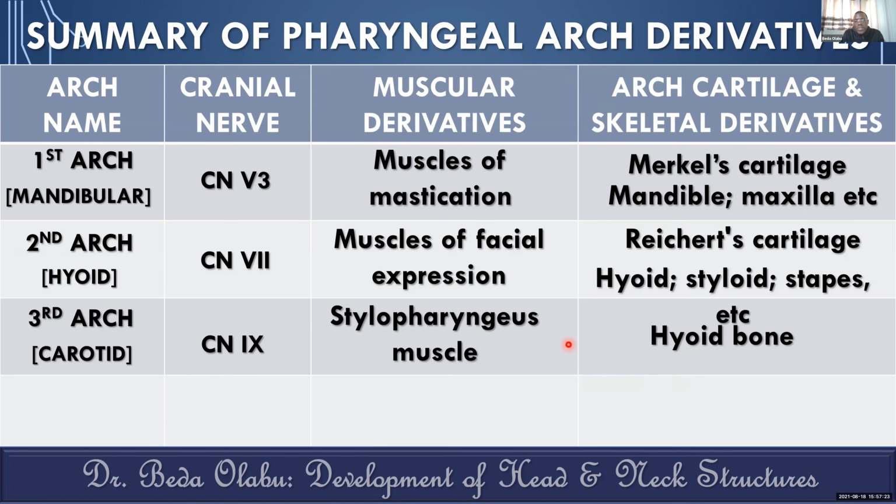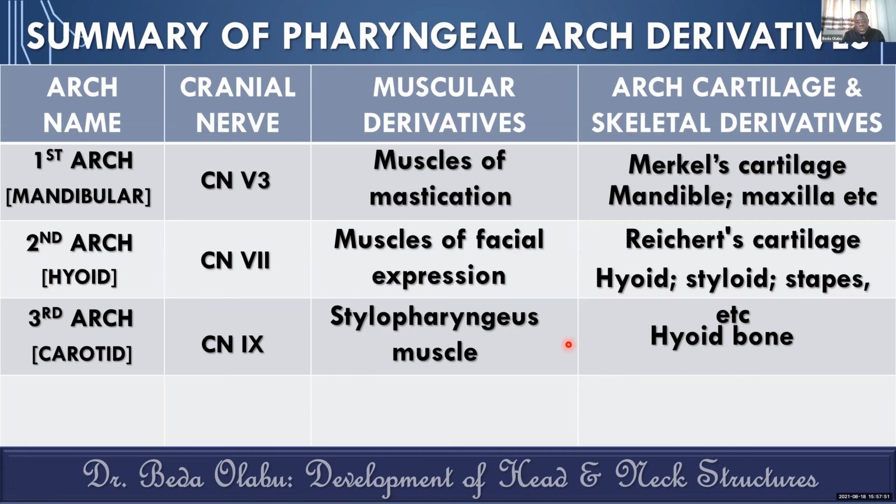The third pharyngeal arch artery becomes what we now have as the common carotid arteries and the initial segments of the internal carotid arteries. So keep it simple. The common carotids and the internal carotid arteries are the remnants of the third pharyngeal arch artery.